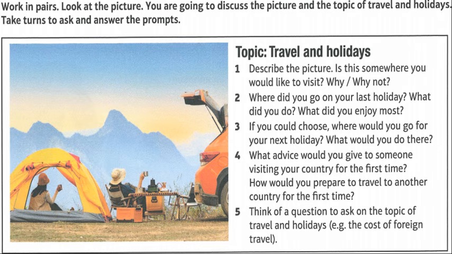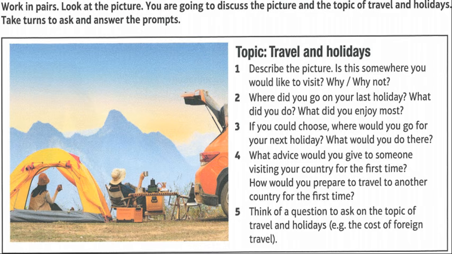Number 4, what advice would you give to someone visiting your country for the first time? Now, when questions include the phrase "your country," I would always recommend saying the name of your country in your answer. The examiner might not know where you come from, and certainly the person listening to the test doesn't know you, so they won't know where you're from.